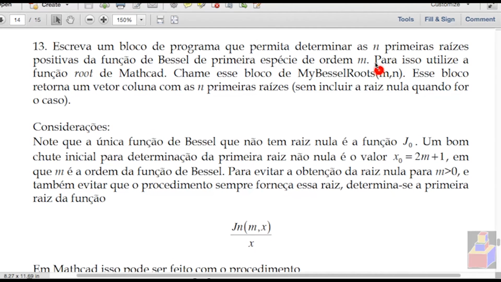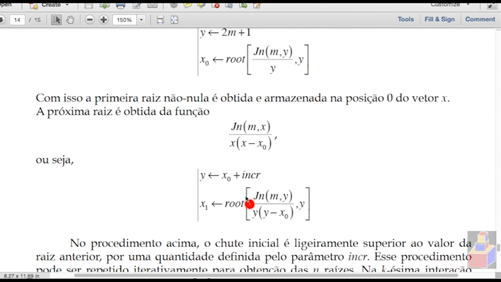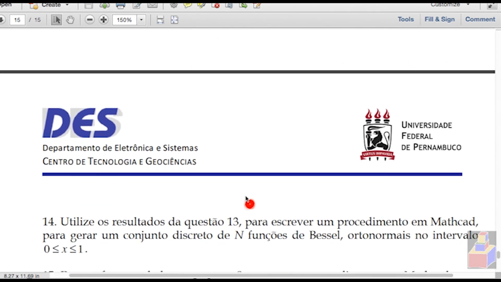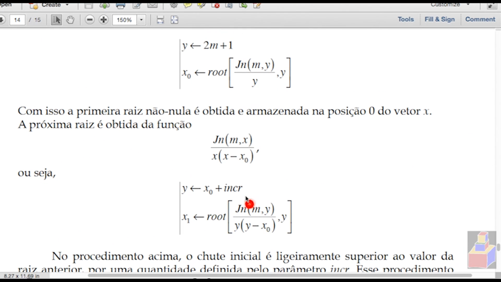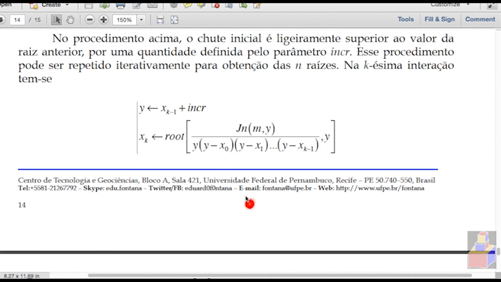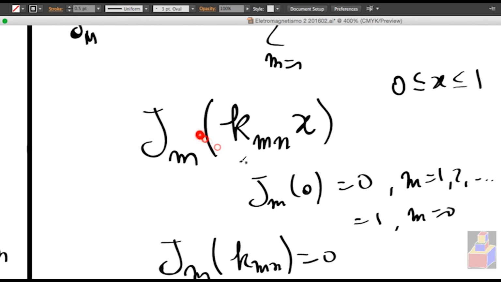There's some suggestion on how to do this here, some logic, so I have to study this and see how to do it. When you make a program block to find any roots of Bessel functions, then you are prepared to write orthogonal functions according to this prescription. You put in the root here and build the orthogonal functions.